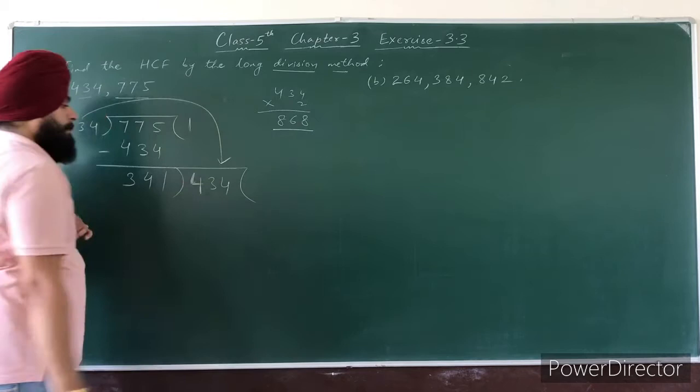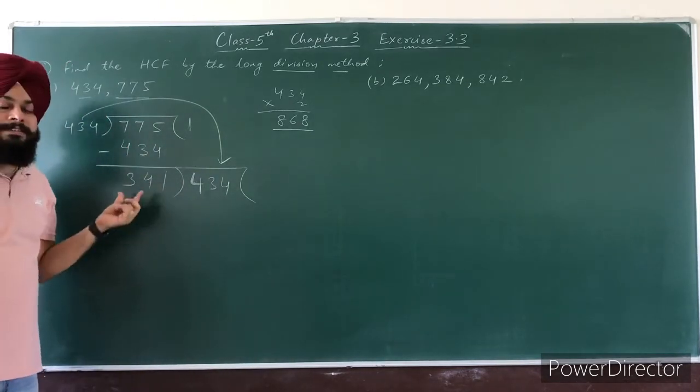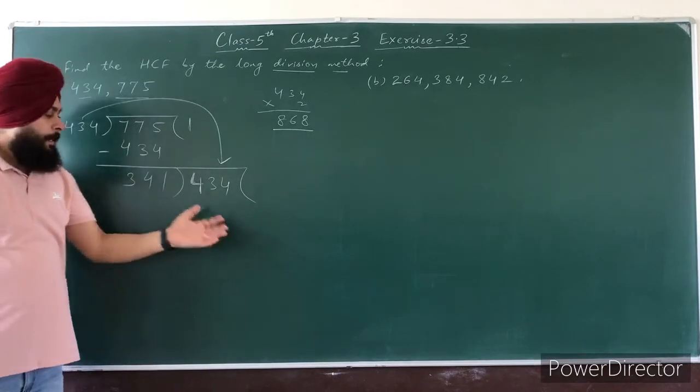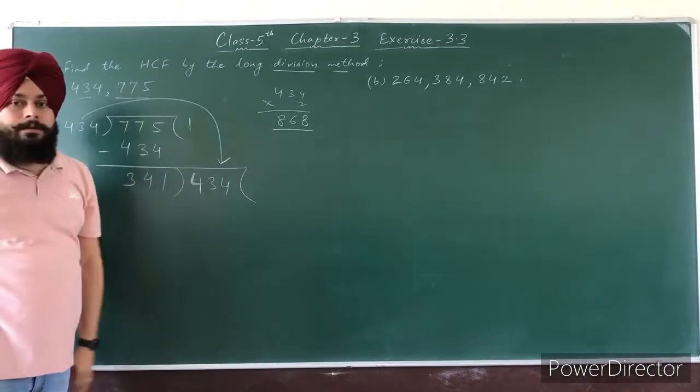The remainder of this first division is taken as divisor of the second process, and the previous divisor is taken as our new dividend.